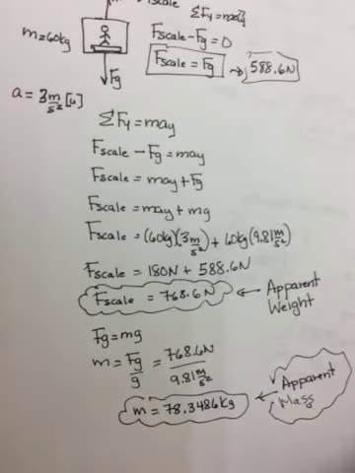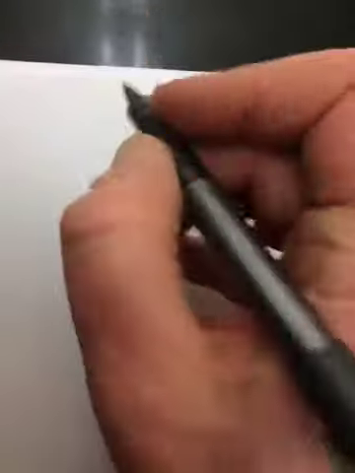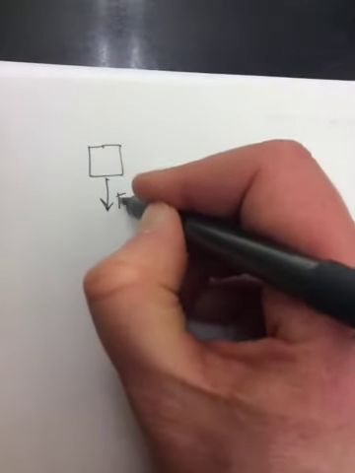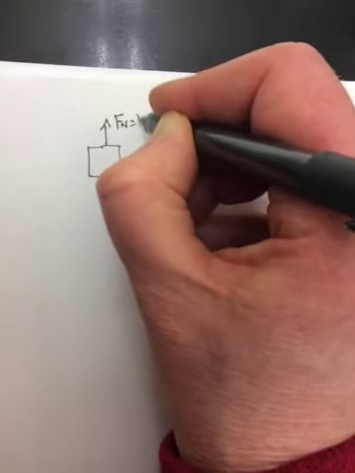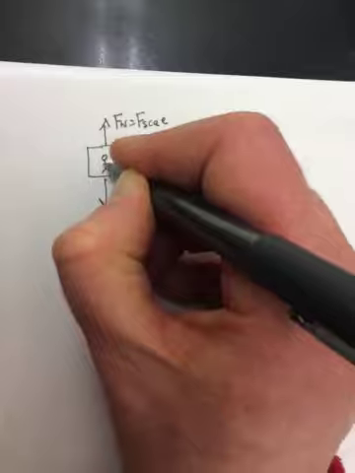So what if it accelerated downward? In other words, maybe we're still on that elevator. Okay? So we're still on the elevator. Fg is still going down. Fn, which is our F scale, is still going up. Here you are with your bathroom scale.